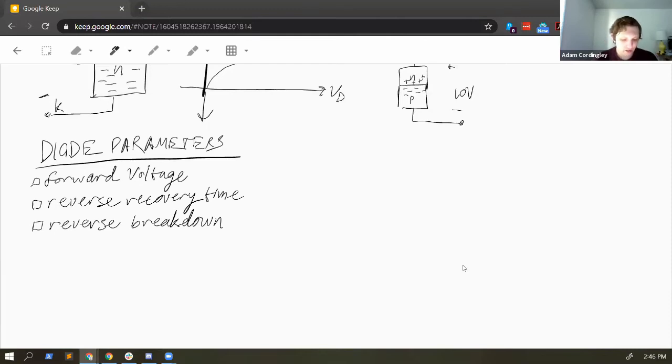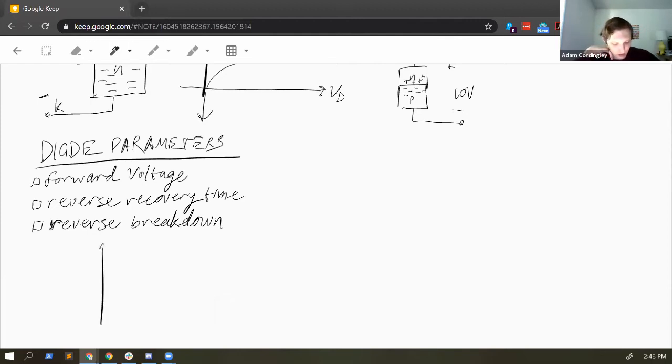Reverse breakdown. You can imagine what this means. If we apply some reverse voltage across the diode, there's a limit to this. There's some point where the diode breaks down, the junction breaks down, and it starts conducting in the reverse direction.